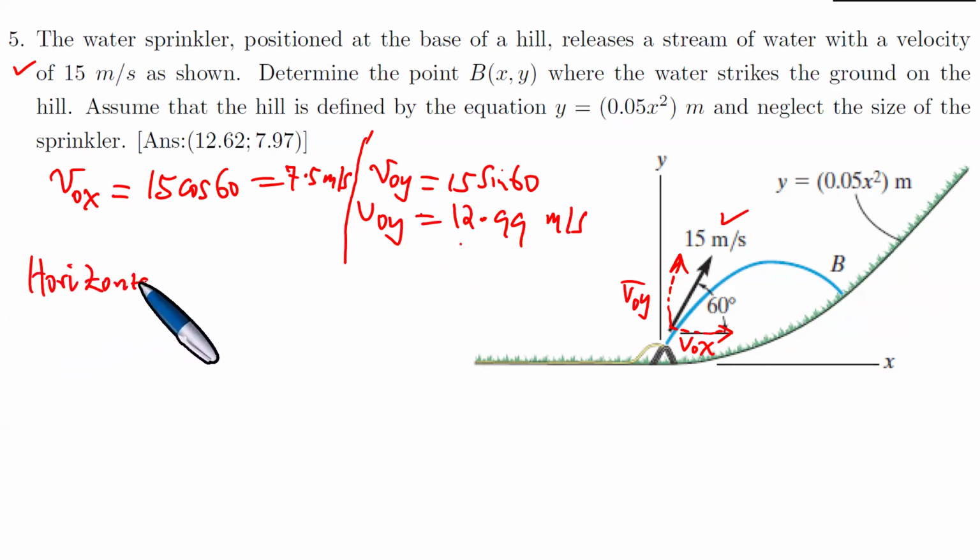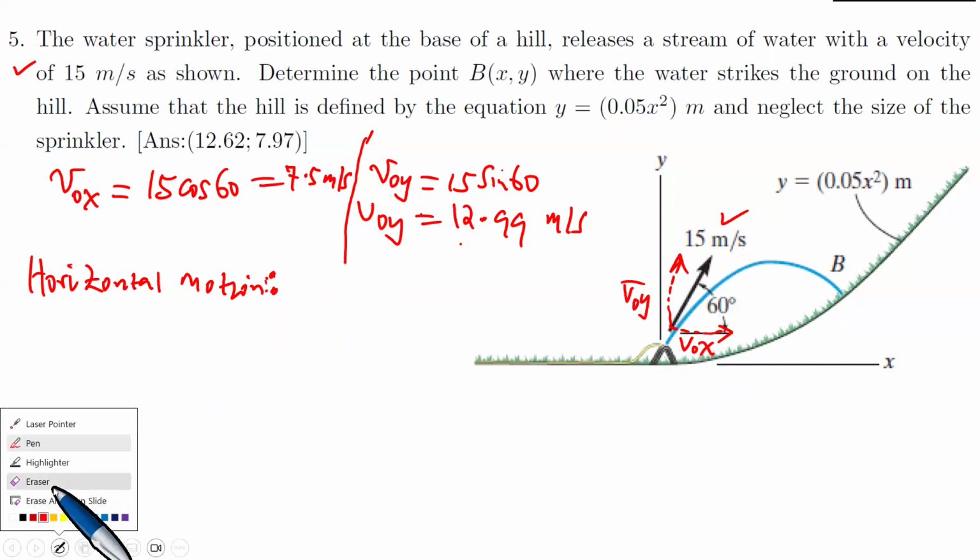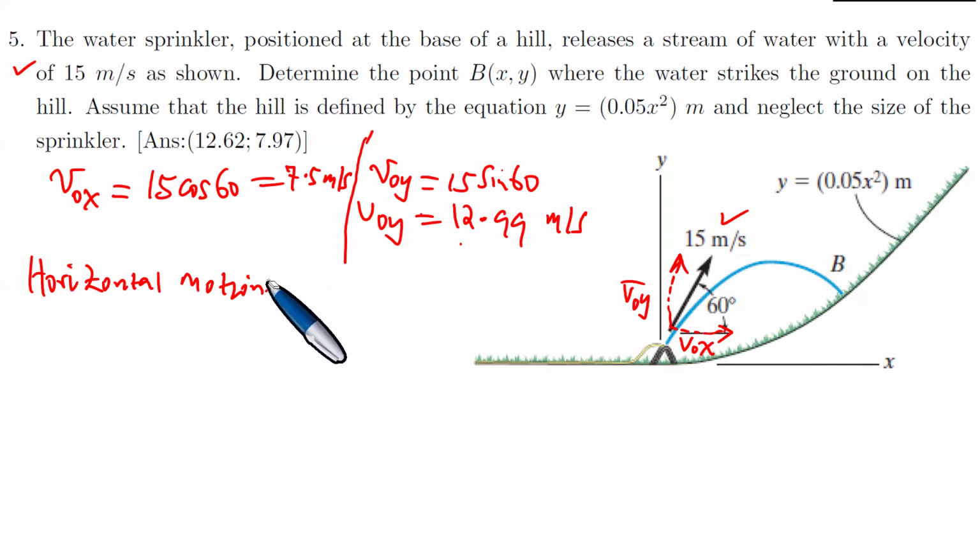So we shall consider horizontal motion of the water, because we need to determine the point where the water strikes the ground. But when the water moves like this, it progresses horizontally, but it also has what you call vertical motion. So let us reason this out together.